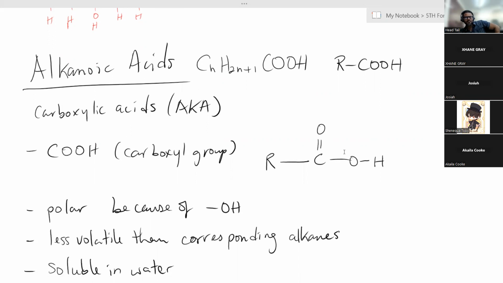That have carbon double bond. Carbon double bond to what? Oxygen. Right, it's double bonded to an oxygen. Why is it an acid?